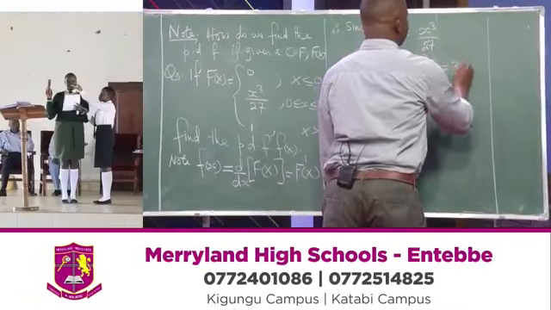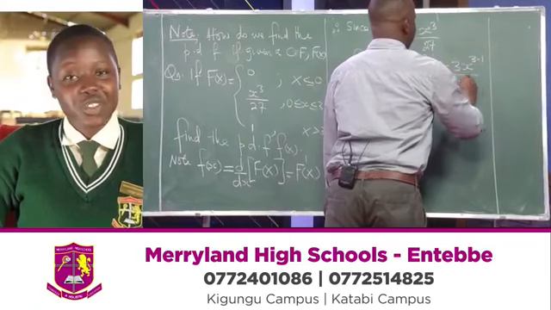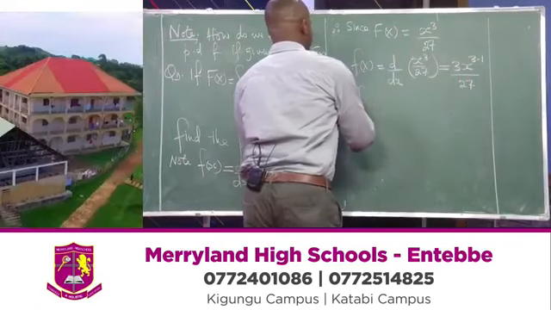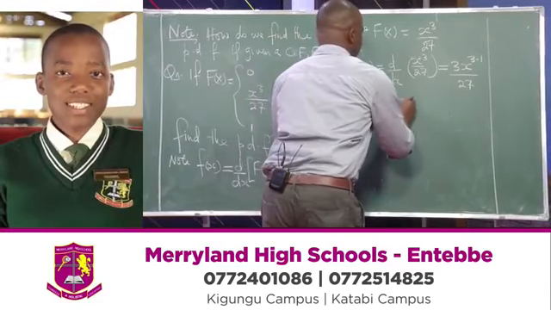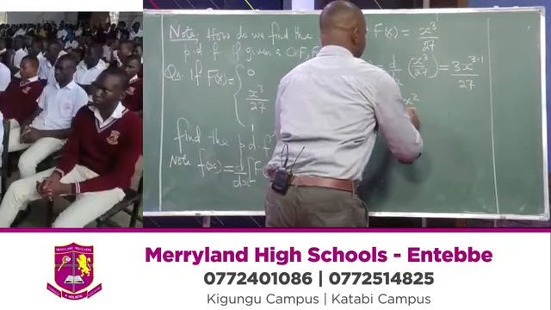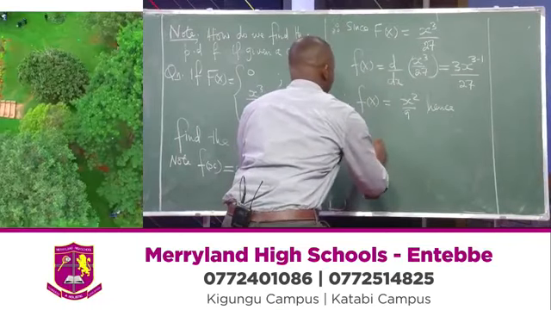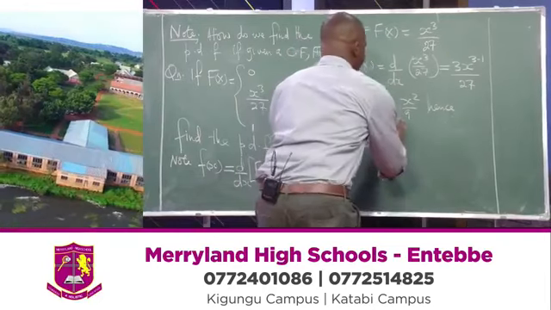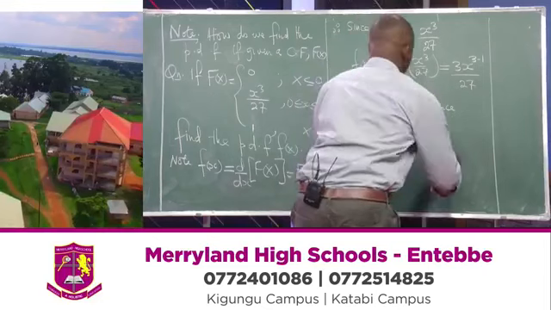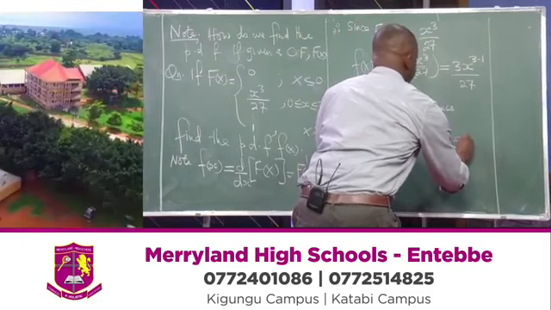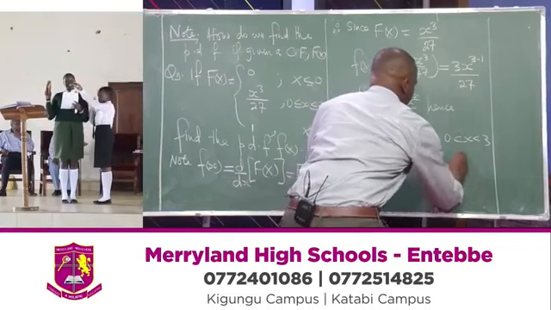So we shall get 3x to the power 3 minus 1 over 27, implying that our f of x is going to give us x squared out of 9. And we can conclude and say, hence, our f of x will be given by x squared out of 9 with a range of 0 less than x less than 3 and 0 elsewhere.